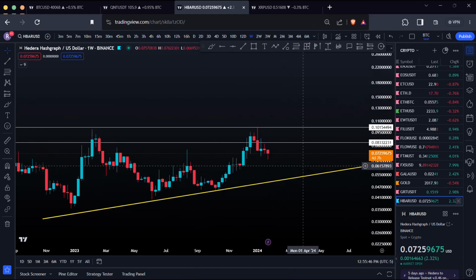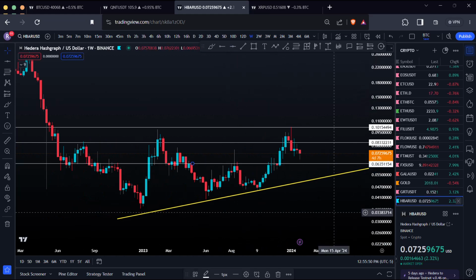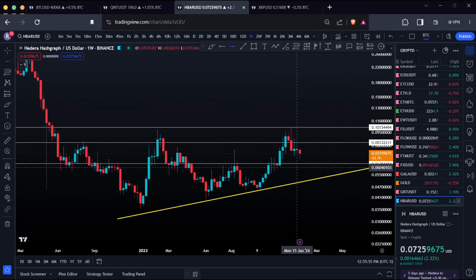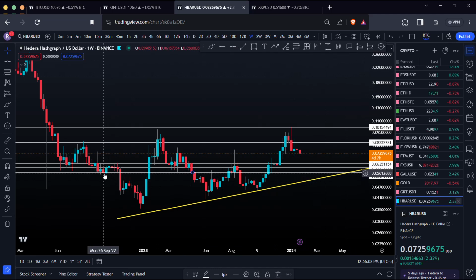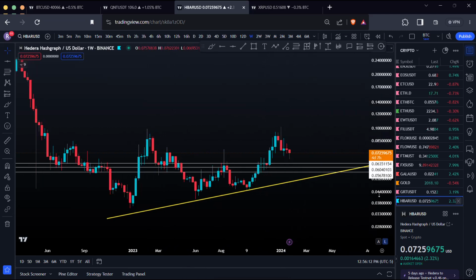So my levels are going to be 0.065. I'll choose right in the meat and the potatoes, 0.060, and my greed level will be the bottom of these candles, these wicks, right there. So 0.065, 0.060, 0.056.